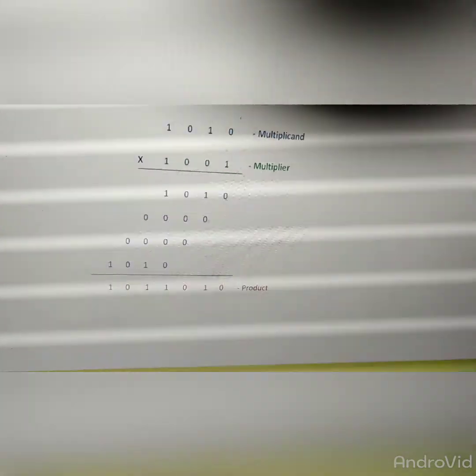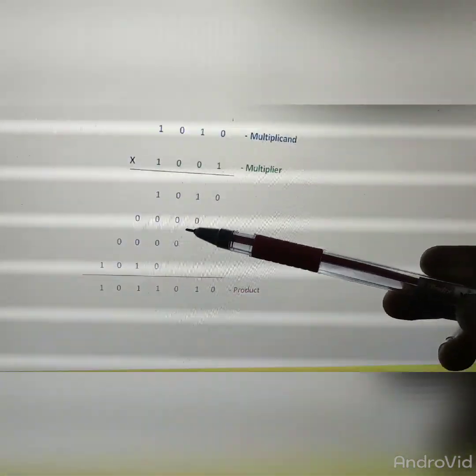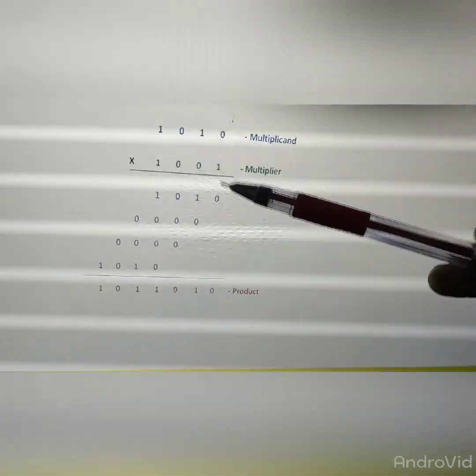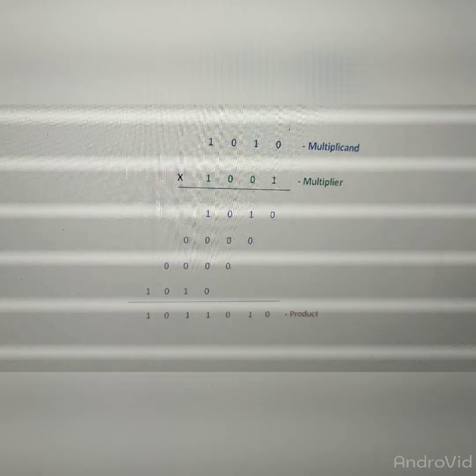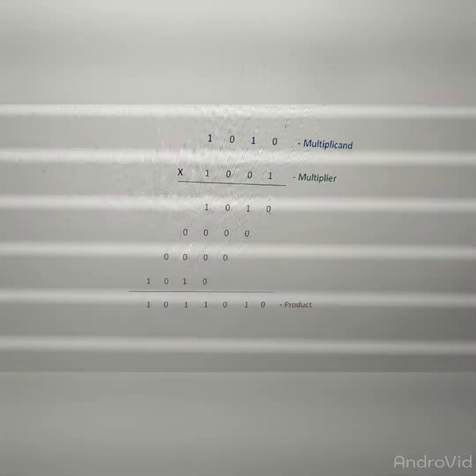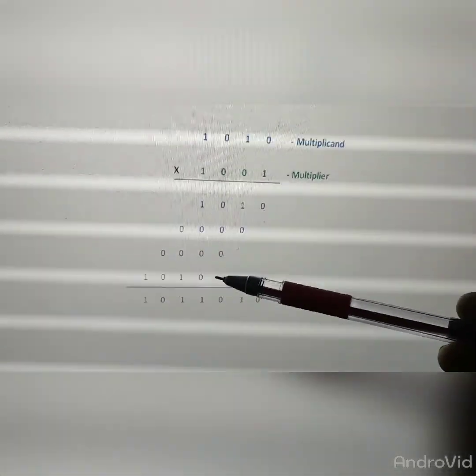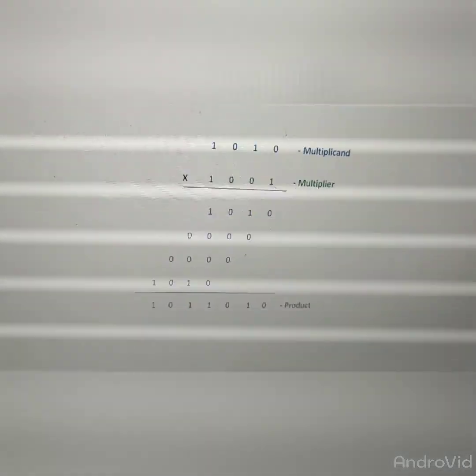So this is the basic process. When a system generates this multiplication, this process is done by the shift operation. For shifting operation, systems are using shift registers. So these empty values are filled with zeros like this.